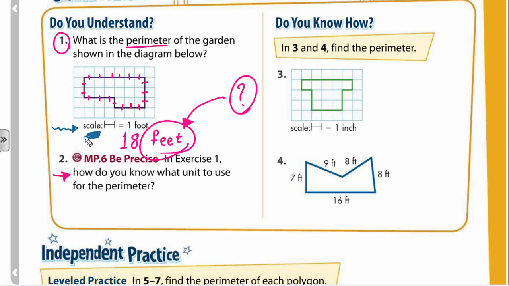Yeah, I see it. Okay, I'm showing you the scale. You see the scale here? What is the scale? The scale shows us that one unit, this unit, is 1 foot.